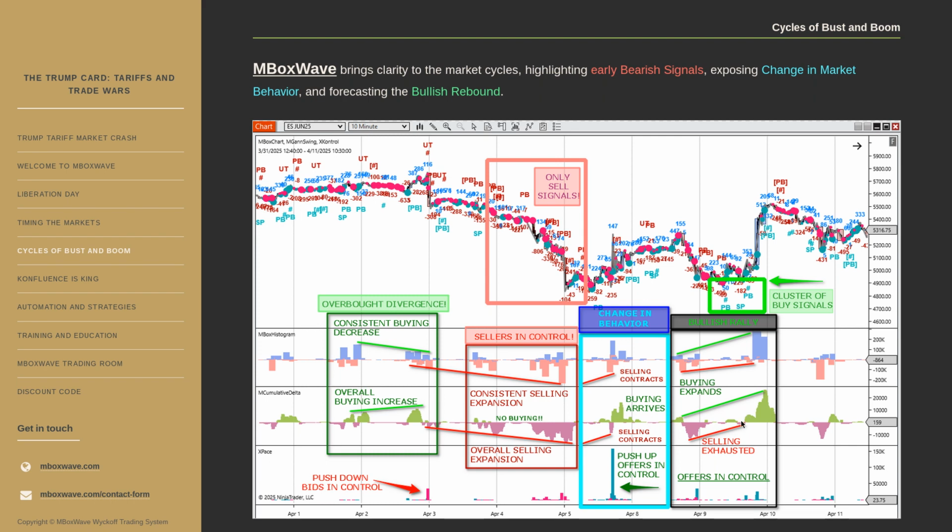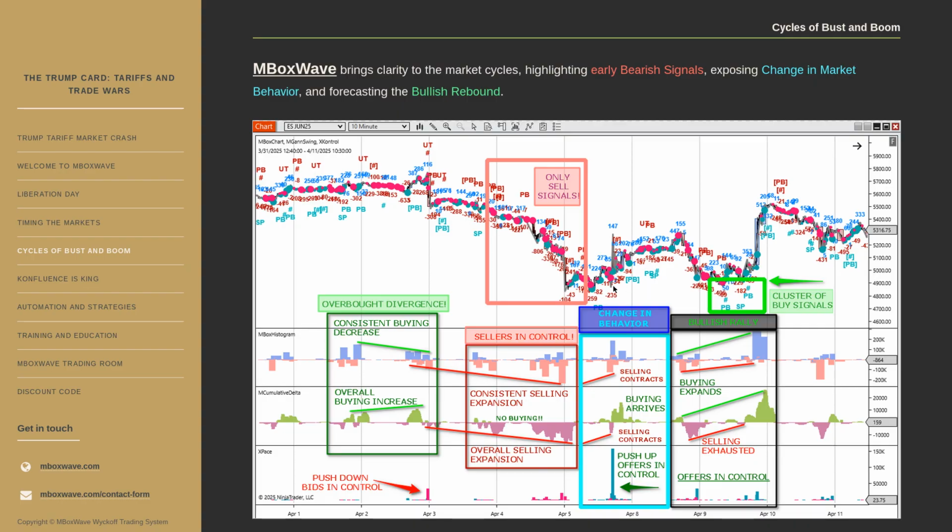So at this point, I would probably zoom in on a 1 minute and begin looking for a long entry, right? Because we had the sell-off, we had the change in behavior, the buying arrives, and now we have a retest here. We're testing the selling, and we see that selling is exhausted once again, and we have no lower lows.